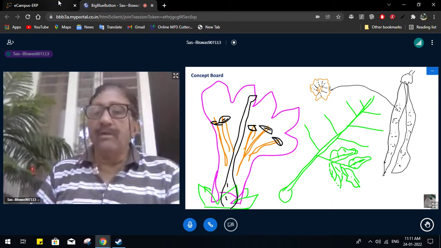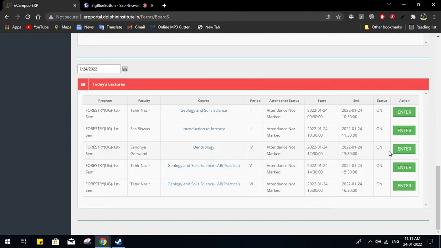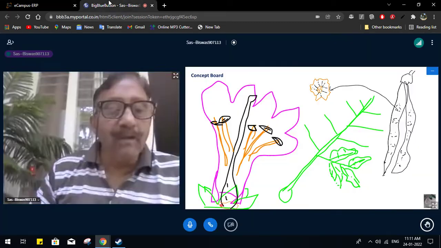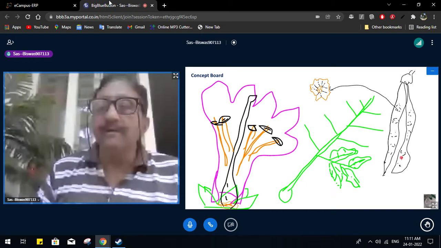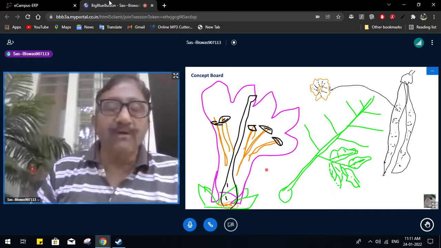So at the base, there's a nectiferous gland here, and these glands have the nectar, and the nectar invites the insects and other pollinators.